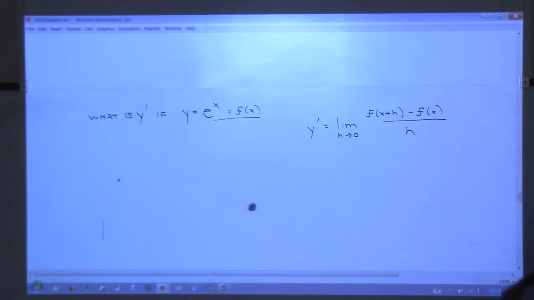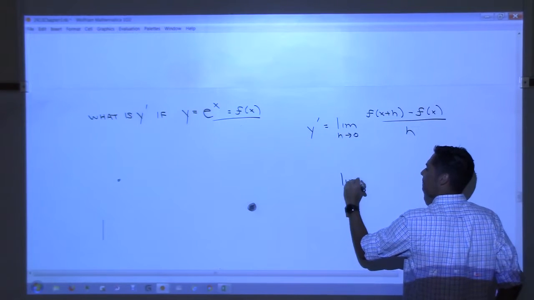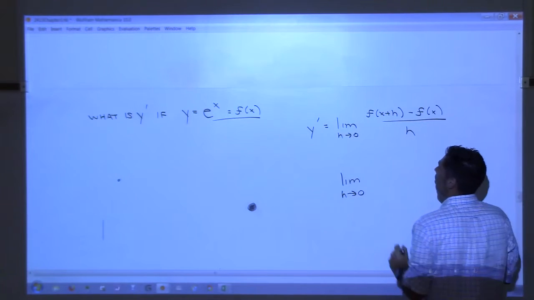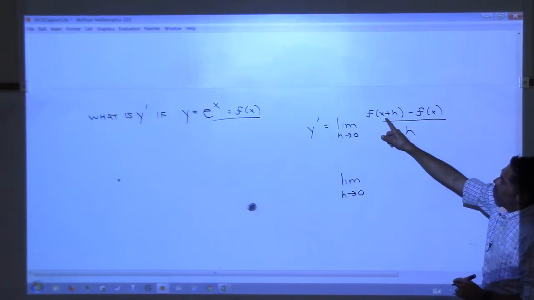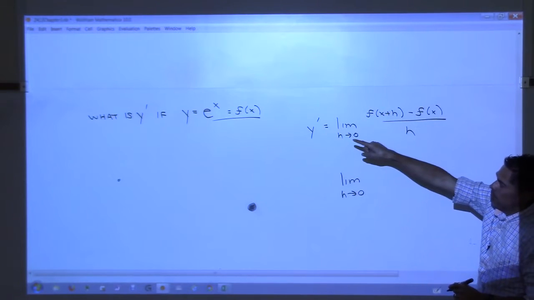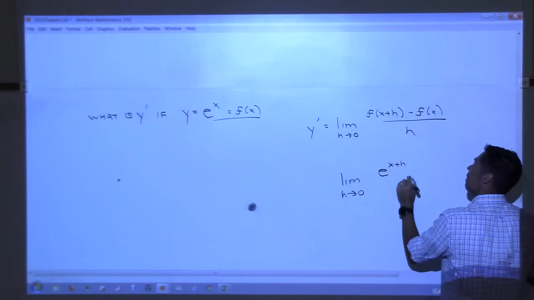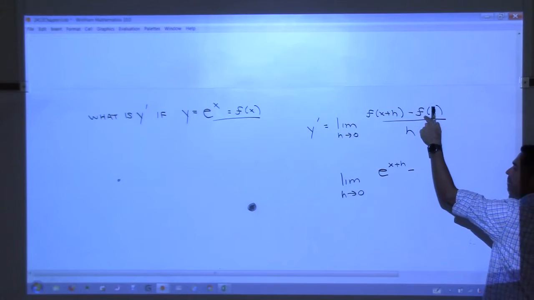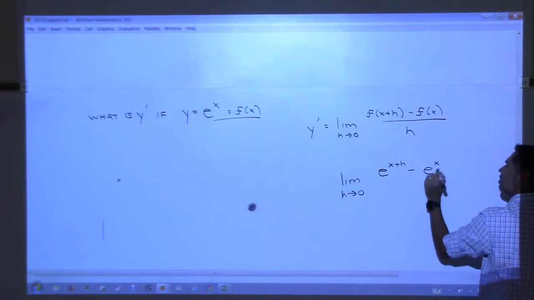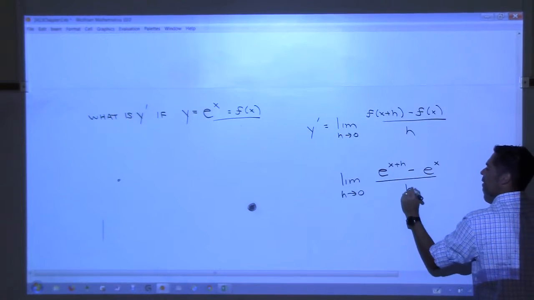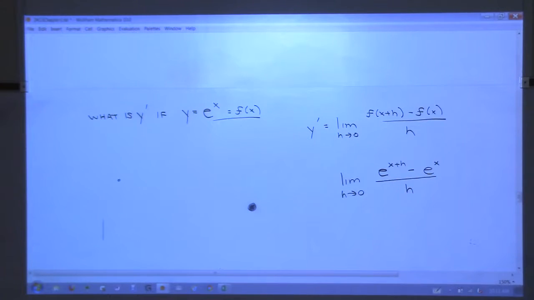So what would this limit be? Limit as h goes to 0. What do we get if we plug x plus h into that function? e to the x plus h minus what happens when we plug in x? e to the x, all over h. That's it right there.